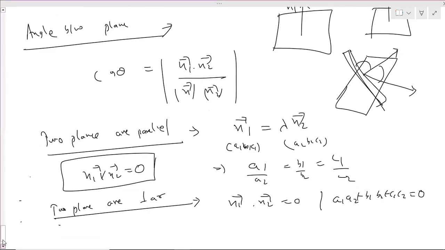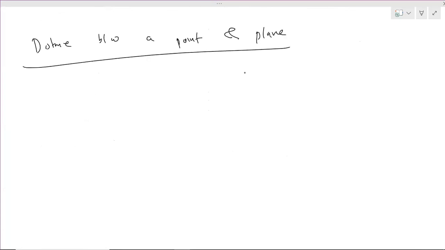Okay. Now, very important thing again, distance between a point and a plane. Can anyone tell me the formula for the distance between a point and a line in 2D?